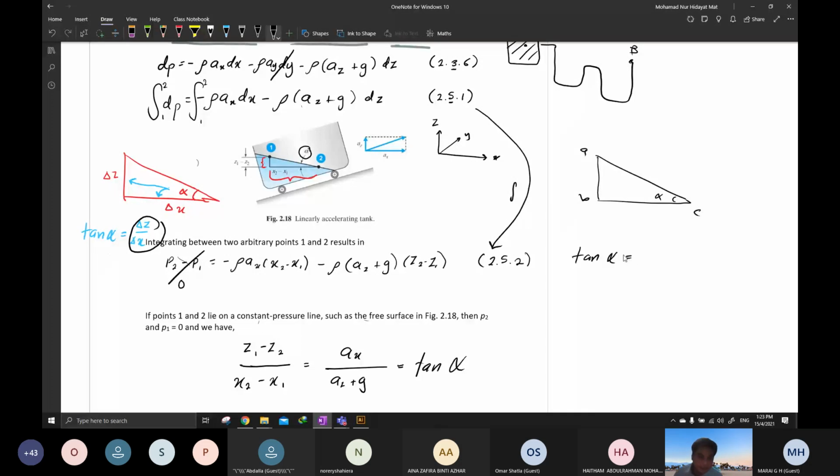Which one minus? Everyone, how do we get tangent alpha? The change of this one, right? A, B. For this case, A minus B or B minus A? Everyone, are you there? A minus B. Why A minus B?